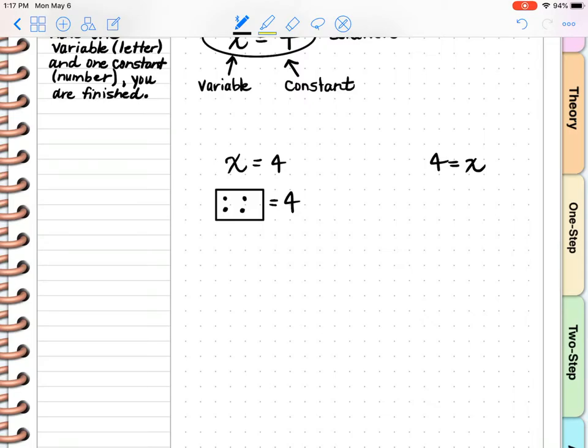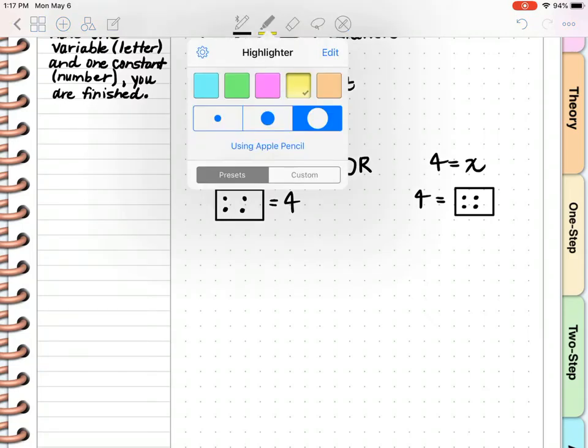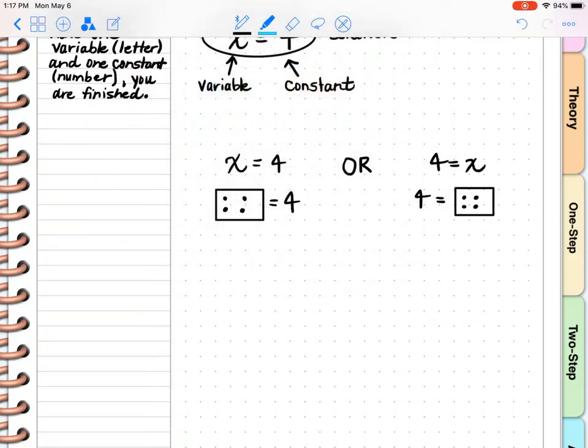Okay, on this side, let's check it out. So the X will get the variable, the thing that we don't know yet. And in order to make X balance out, I would need to have 4 dots. So these two things are the same. You can write your answer as variable equals constant or constant equals variable.